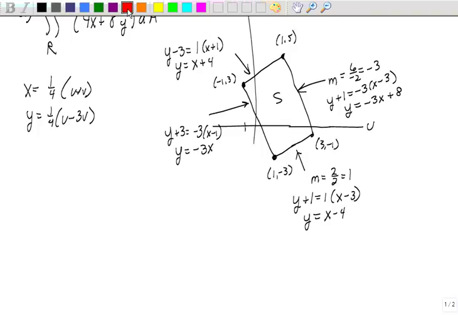Okay, so when we transform these to u and v, here the u's are going to cancel. Here I have -3/4 v minus 1/4 v equal -4. So negative v equals -4. Let's see, I think I wrote these down wrong.